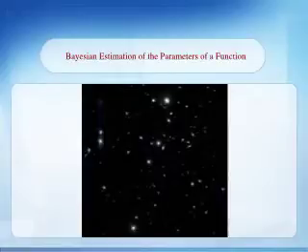Let us say we want to approximate some distribution f of x, not necessarily normalized to integrate to 1. In Laplace approximation, we find the mode of f of x, x0, fit a Gaussian q of x centered there, and then if we want to integrate, we integrate this fitted Gaussian instead.